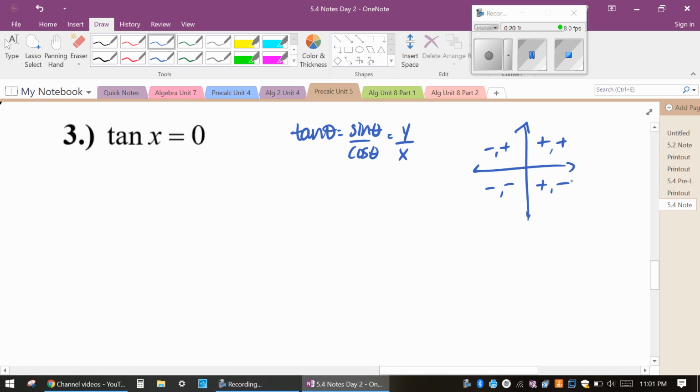If tangent is y over x, then I want the quadrants where both x and y are positive or where they're both negative, because positive divided by positive, or y divided by x, is positive and y divided by x is positive here. So we're looking at those two quadrants.